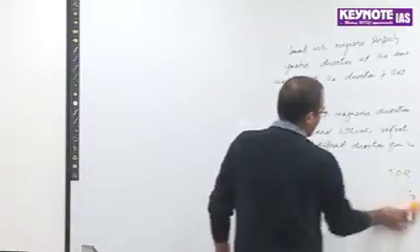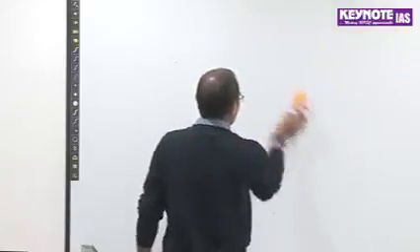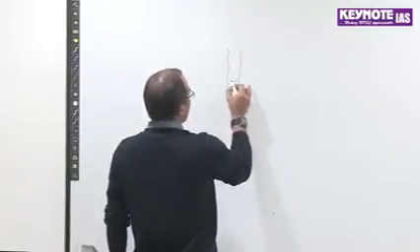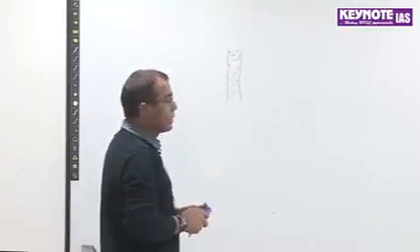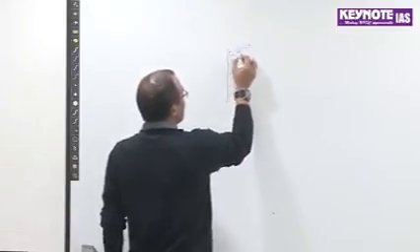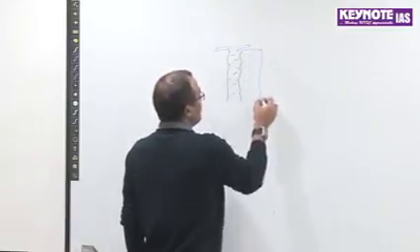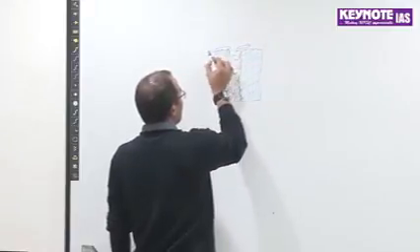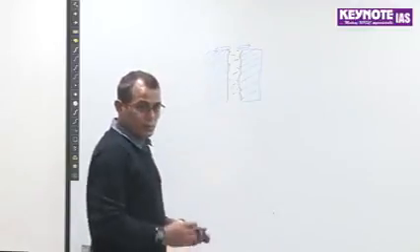Just a second. Let's imagine this as a part of mid-oceanic ridge, right? What Hess has suggested is that the spreading is from both the sides. Let's say, suppose this strip is formed during a period, so the same strip would be formed during the same period, this side also, right?